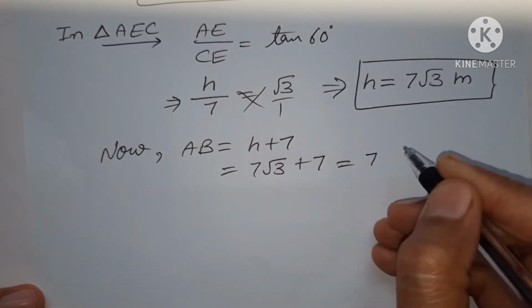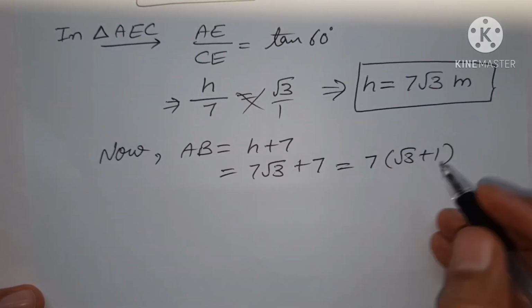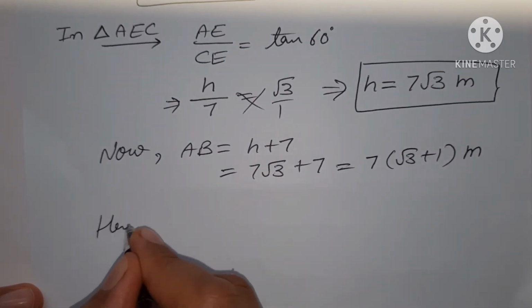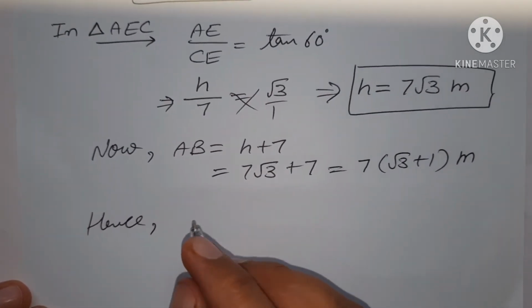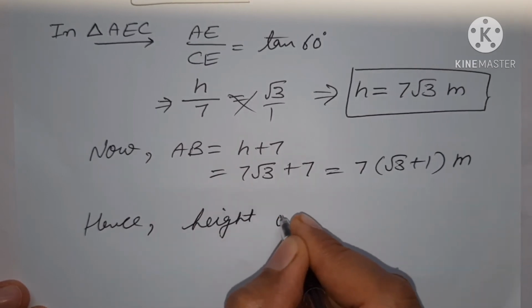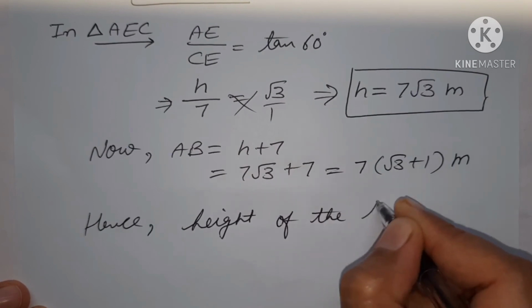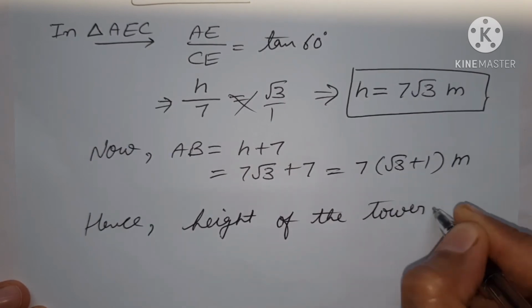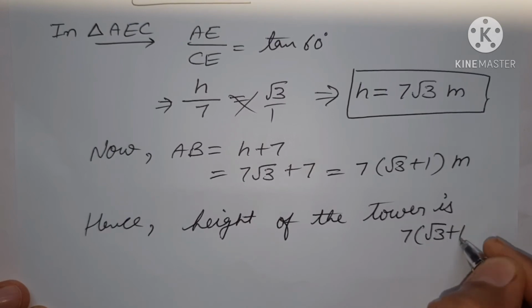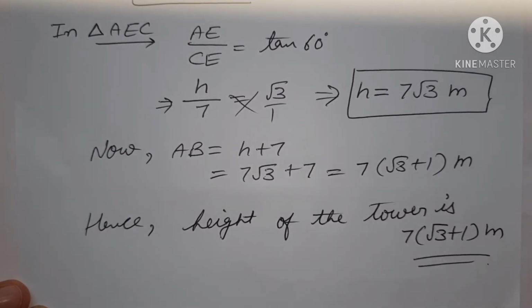So it will be 7 as a common term into root 3 plus 1 meter. Hence, in the last we will write the final answer. Hence, height of the tower is 7 into root 3 plus 1 meter.